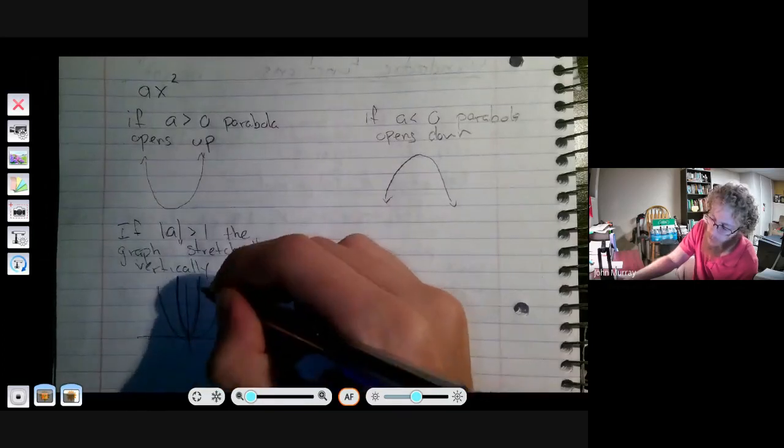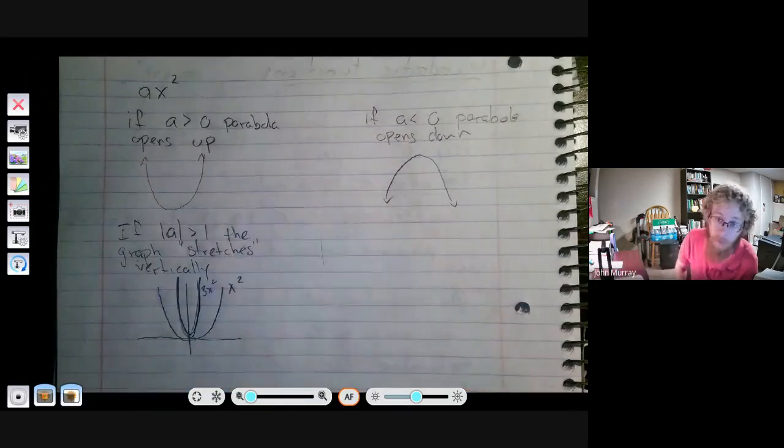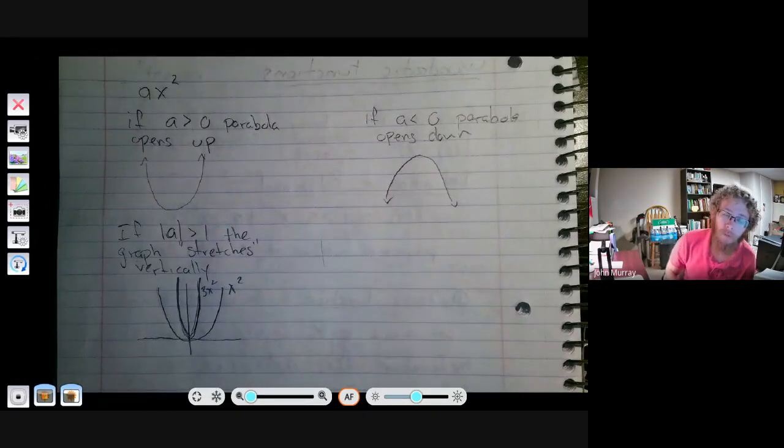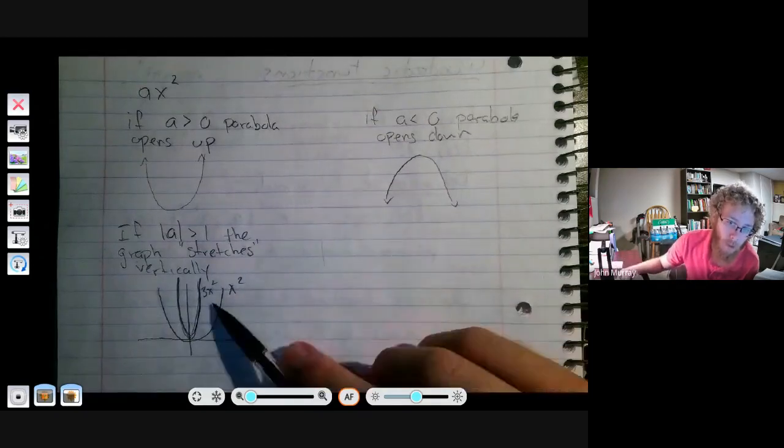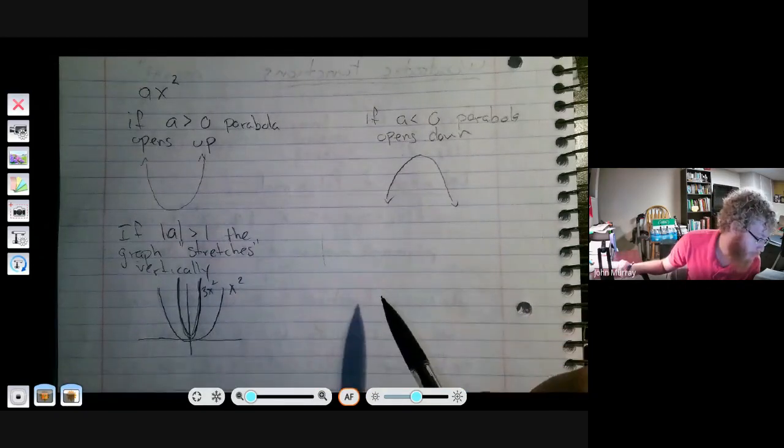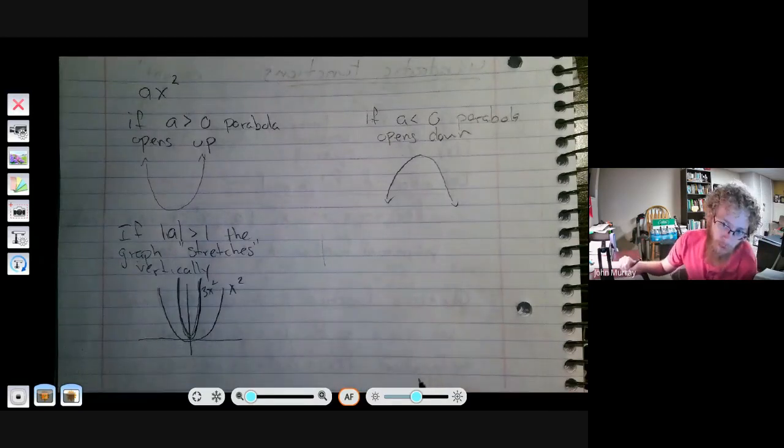It would stretch it up. There's a few different ways we can say that: it stretches vertically or it makes it skinnier. You may have learned a different way to classify that in algebra.